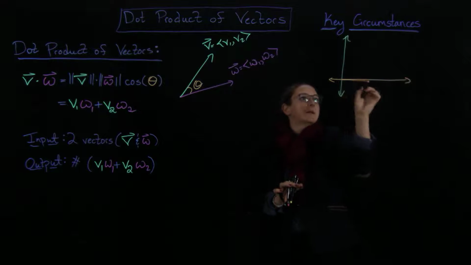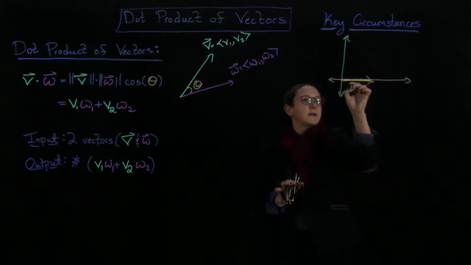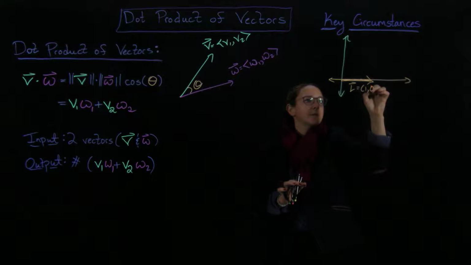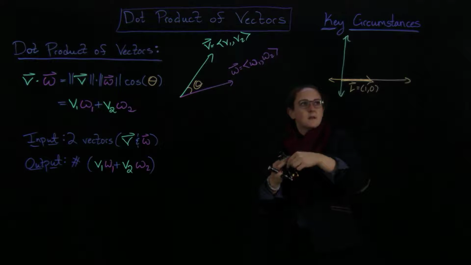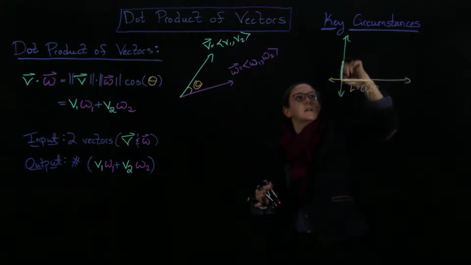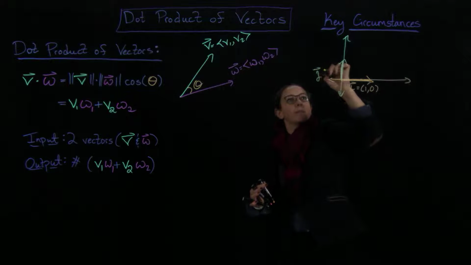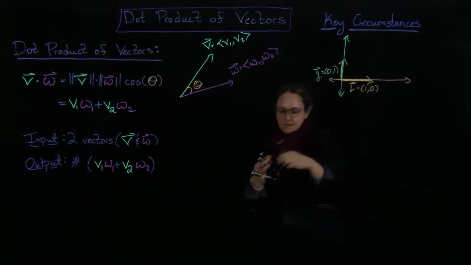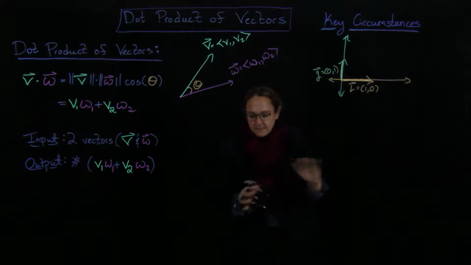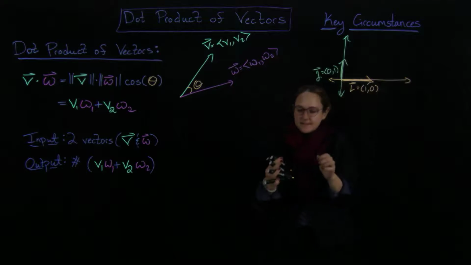By i, I mean this length 1 vector here. So this is i, which we can often think of as (1, 0). And then I have my j, right here. So this is j equals (0, 1).